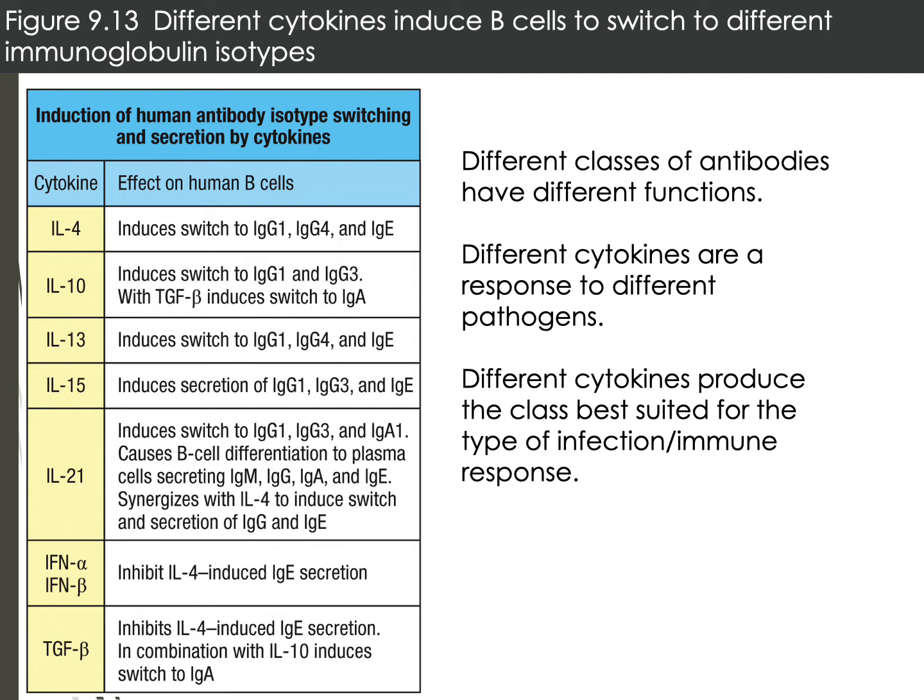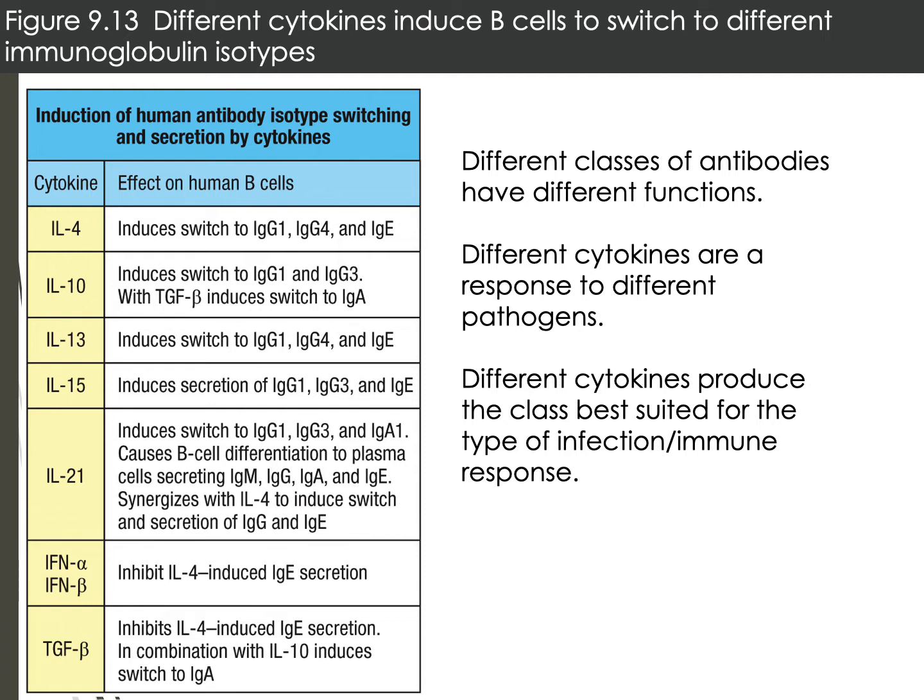Similar to what we see with the T cells and the different subsets, we can think of the antibodies as being subsets of the B cells, depending upon what class they produce. And so when we have certain cytokines like IL-4, that's going to produce IgEs, because those are used in parasitic infections, okay?